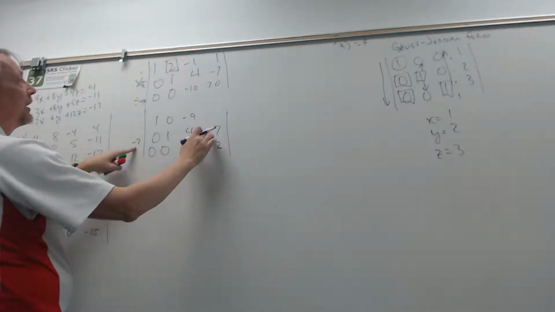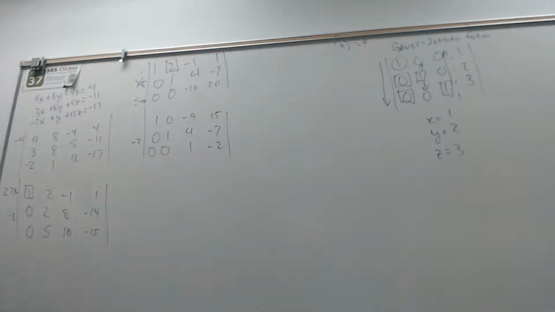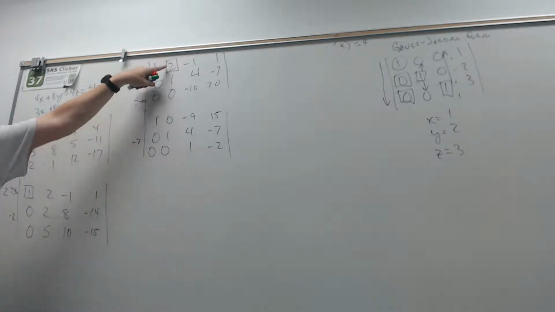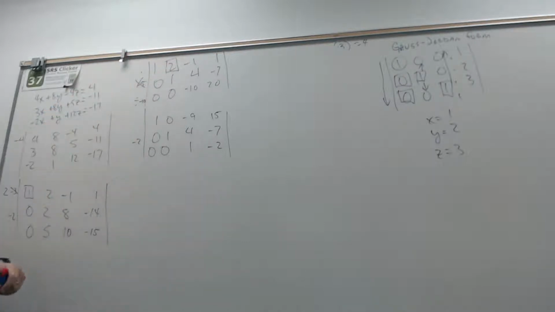Positive 14 plus 1 is 15. Are you with me still? Why am I trying to eliminate that too? Because I want to get zeros here and here. I've got a 0 here, I want to turn that into a 0. I'm eliminating the top now.